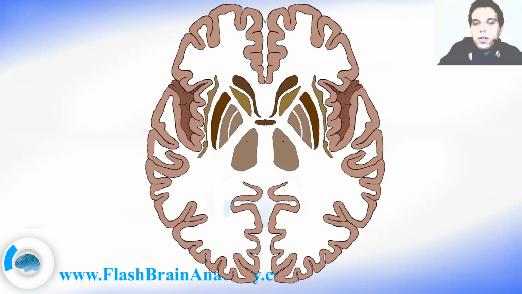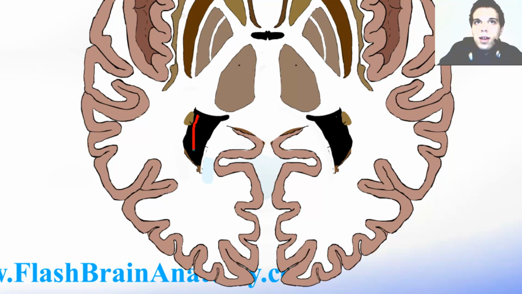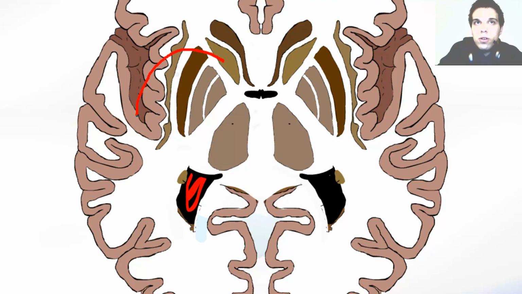Then, not to confuse you with a lot of details, at the end I will just illustrate the posterior horn of the lateral ventricle over here, and the other part of the caudate nucleus. So the caudate nucleus goes like this. It goes more cranial, and then goes again caudal.